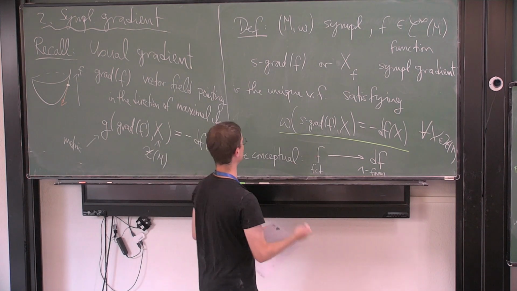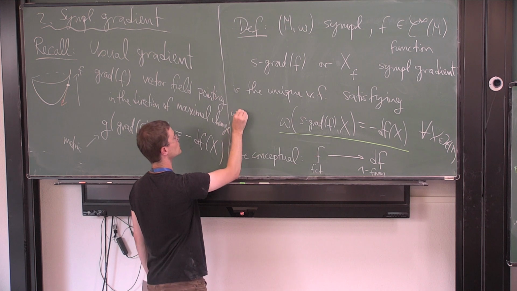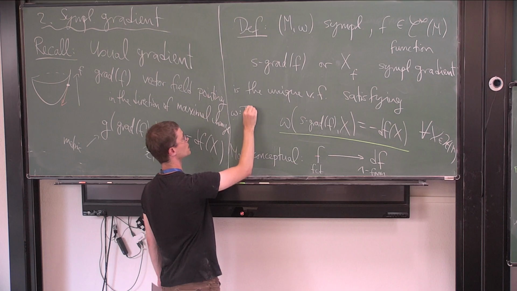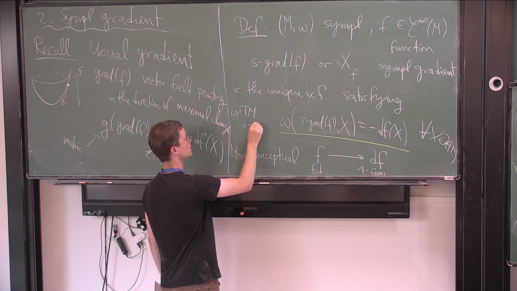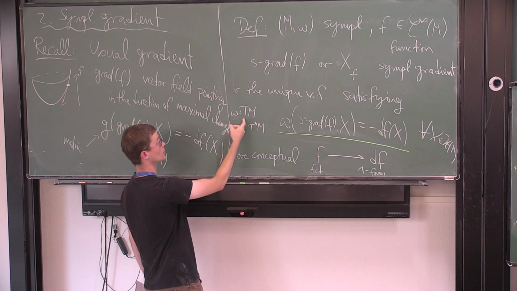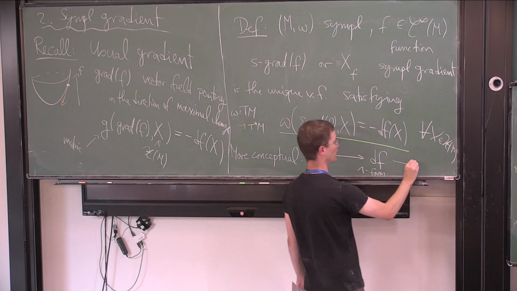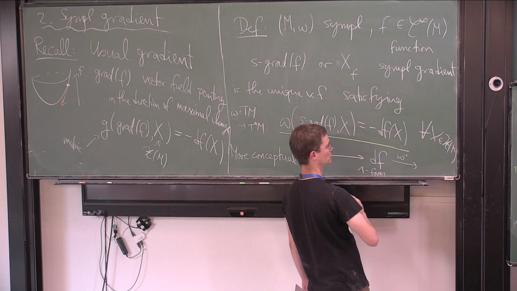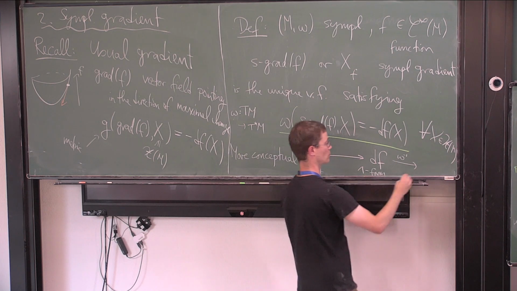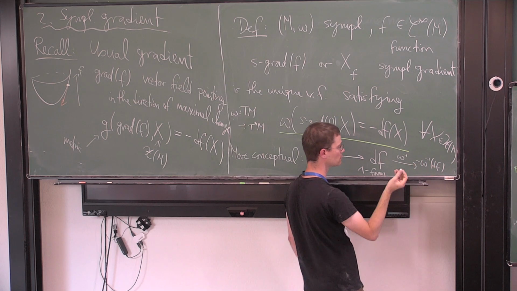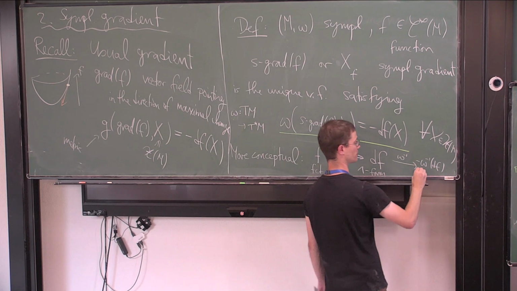And actually, the symplectic form, the fact that it's non-degenerate, means that it gives you an isomorphism between tangent spaces and cotangent spaces. So it converts vector fields and one-forms. So when you apply omega to the power minus 1, you convert the one-form, minus omega^-1 of df, and for some reason there's this minus sign. It converts the one-form into a vector field.